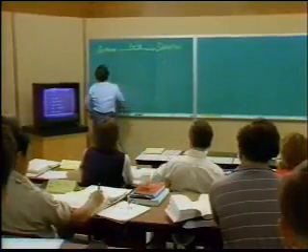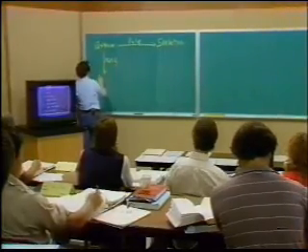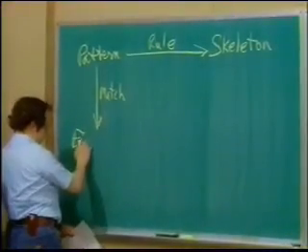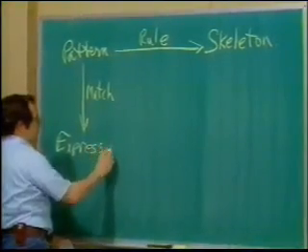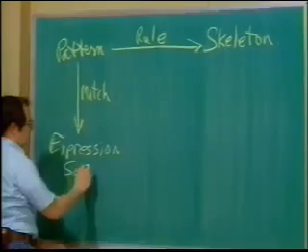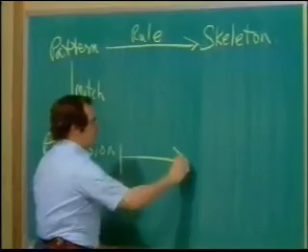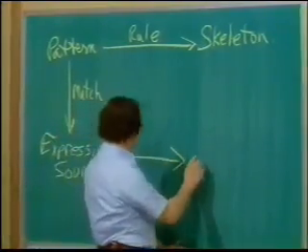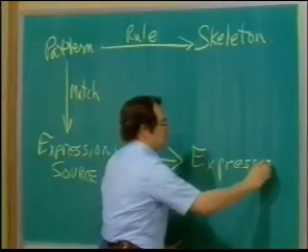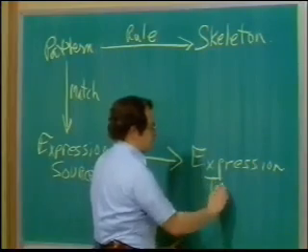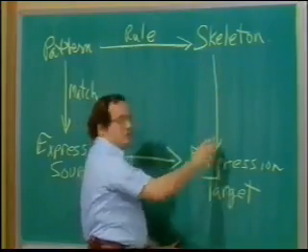So what that means is that the pattern is matched against the expression, which is the source expression, and the result of the application of the rule is to produce a new expression, which I'll call a target, by instantiation of a skeleton.